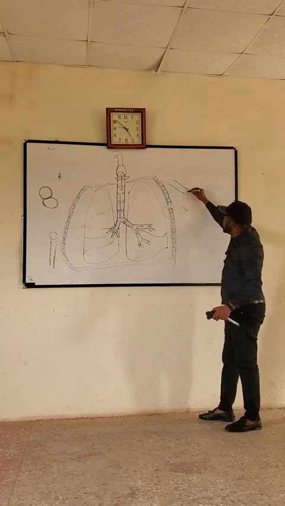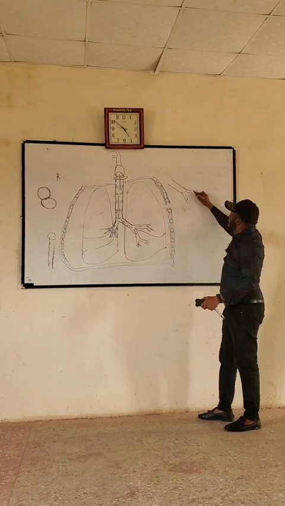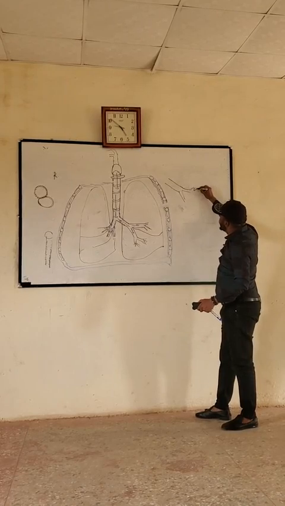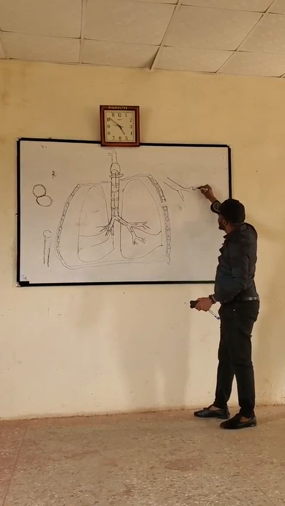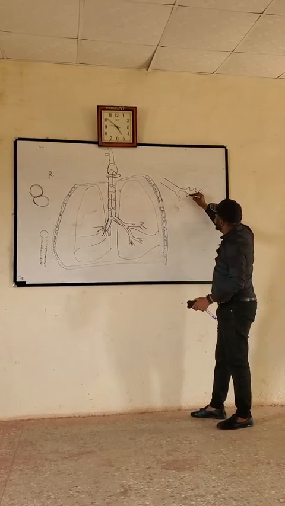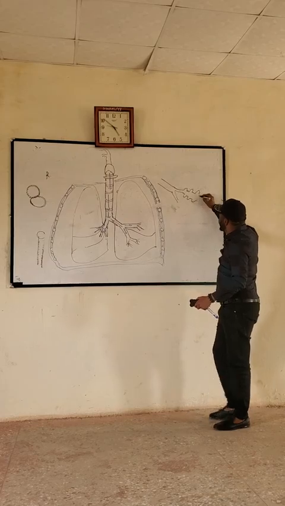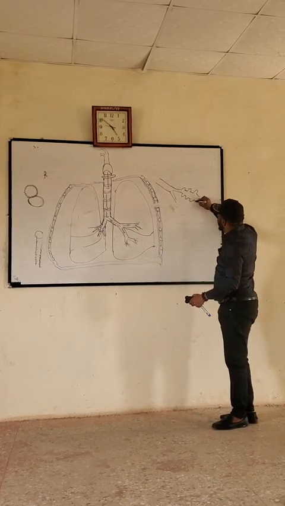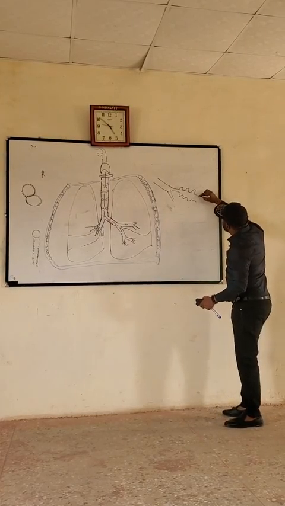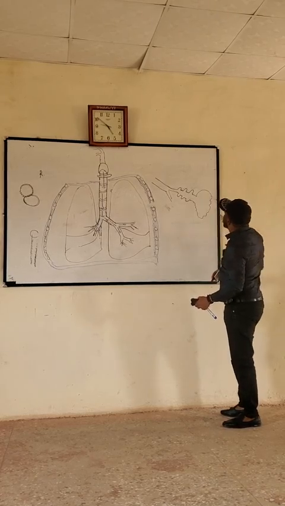The left bronchi divides into two lobes, as you can see. And on division of these two lobes, this is what it forms. It forms alveoli. And these alveoli lead to a structure like this.